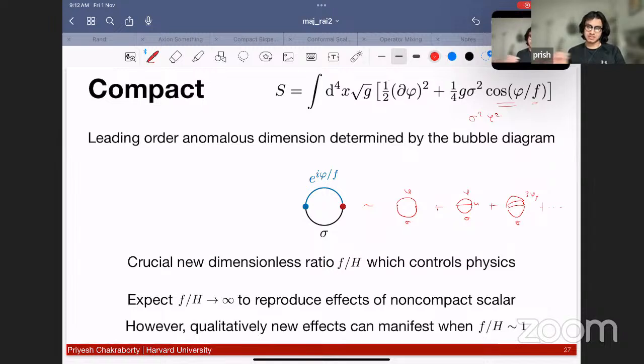So you're in some sense resumming infinite exchanges of phi. But it's convenient to capture that by just exchanging a single composite operator, this vertex operator.